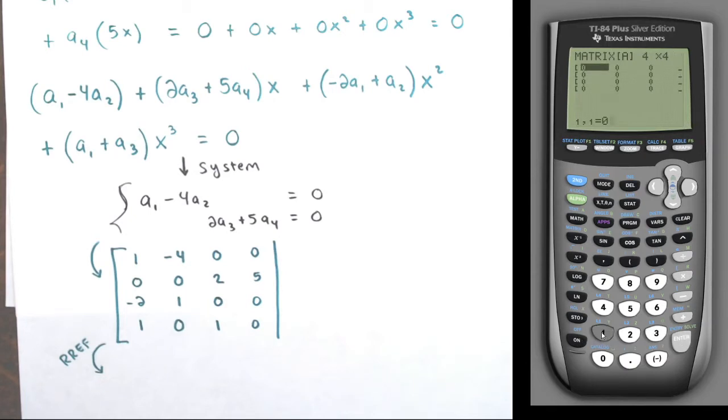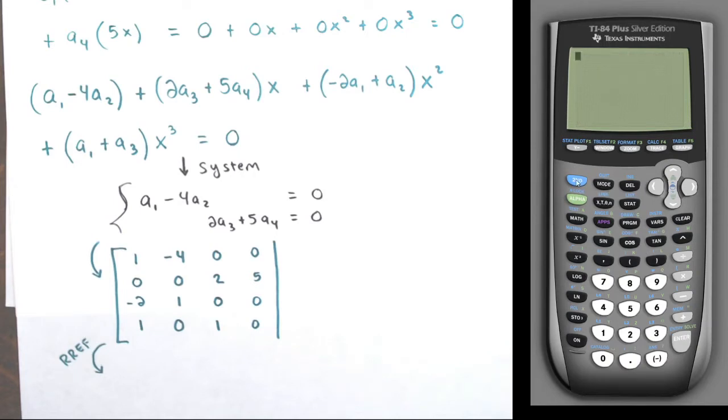And down the first row, 1, negative 4, 0, 0, and then 0, 0, 2, 5, and negative 2, 1, 0, 0, 1, 0, 1, 0. Okay. Then I get out of here.